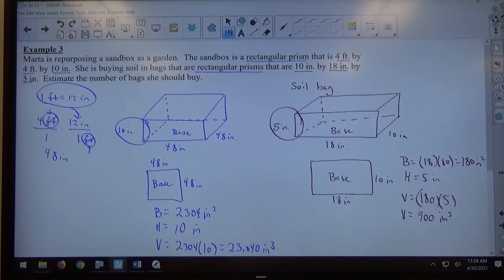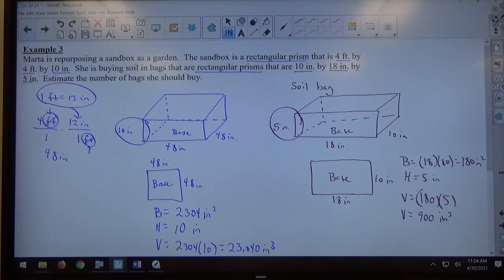Okay? If I was creating a multiplication problem to represent what's happening here, I'd multiply 900, the amount of soil in one bag, times what to get how much we need to fill. What would I multiply the volume of one bag of soil times? I want to fill a sandbox.